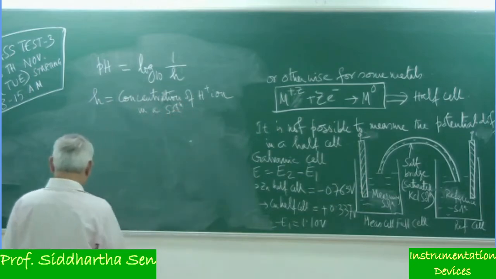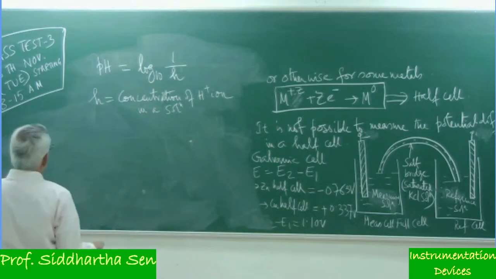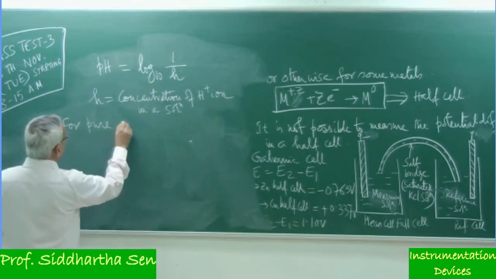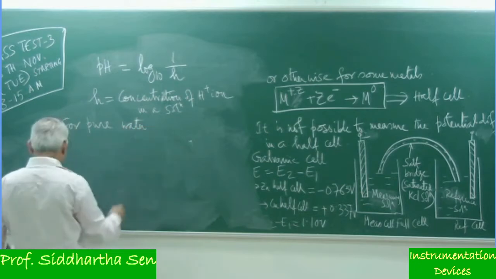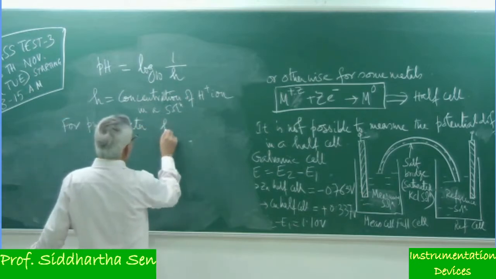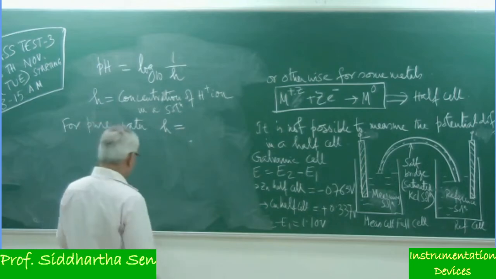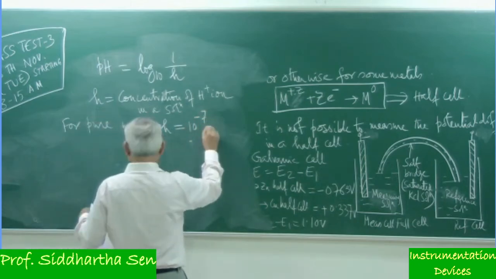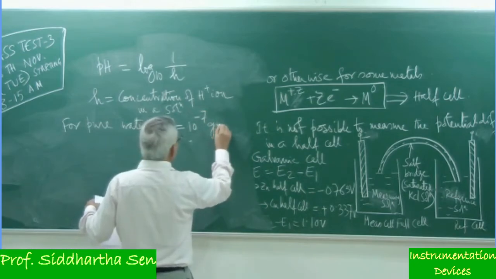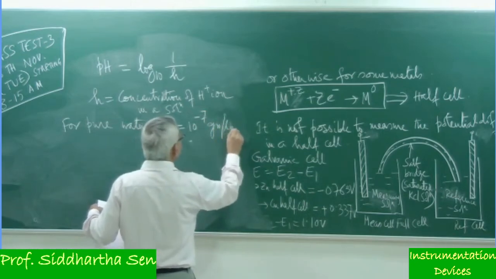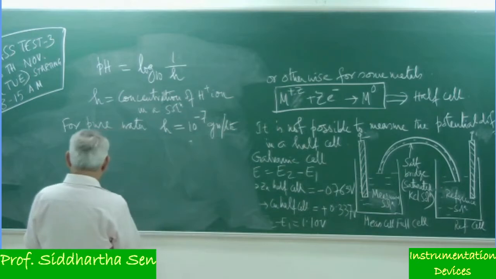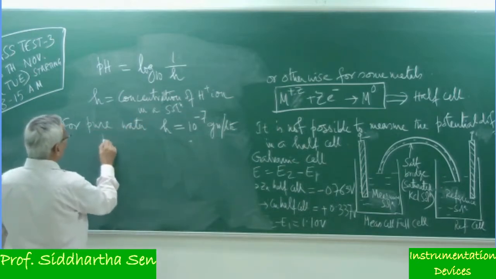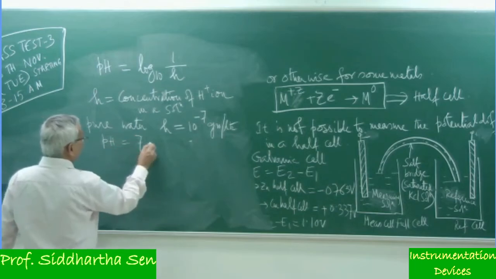So for pure water, we know that H, the concentration of hydrogen ion in a solution, is 10 to the power minus 7 gram per liter. And as a result, its pH value is equal to 7.